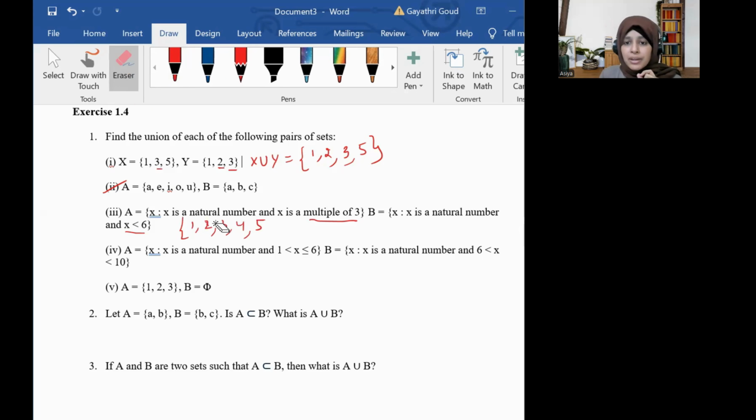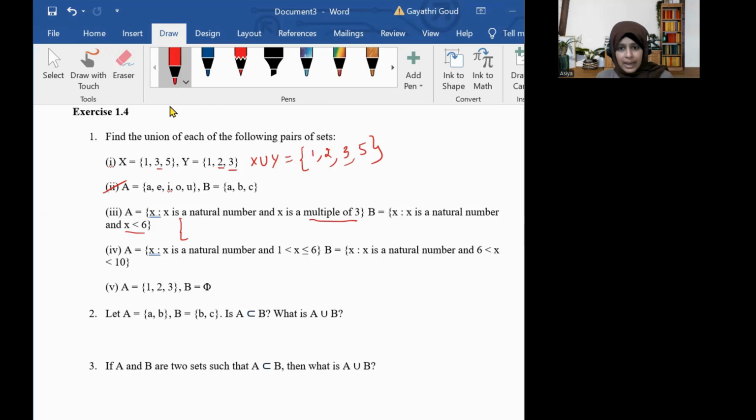Now this will be written in set builder form. So let us write it in set builder form. The set of all x such that x is, what did we get? x is a natural number less than 6: 1, 2, 3, 4, 5.